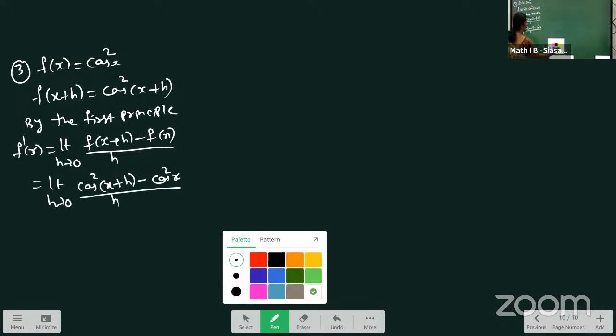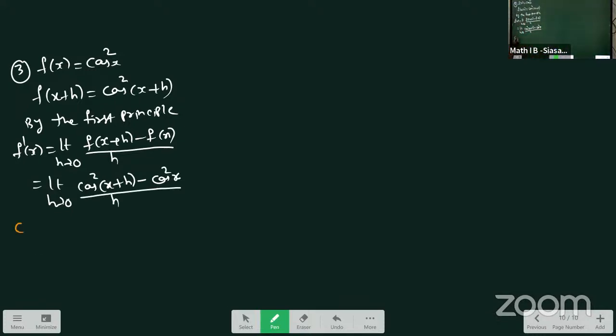Now which formula do we have to apply here? Cos square a minus cos square b is equal to, the formula is what?